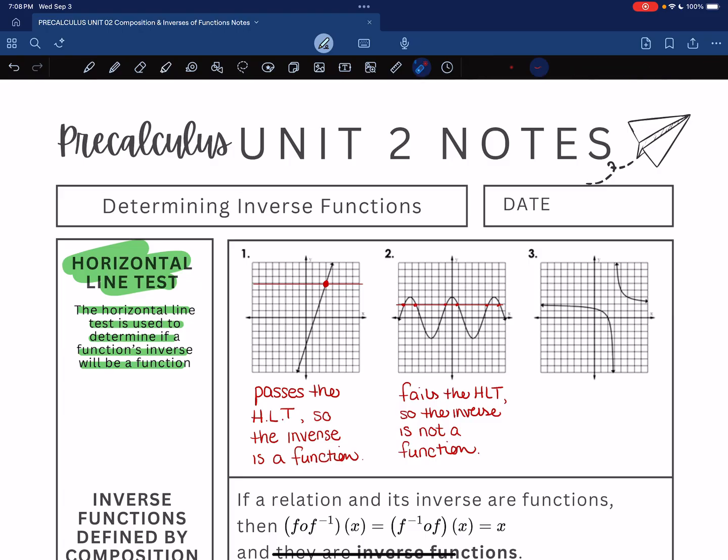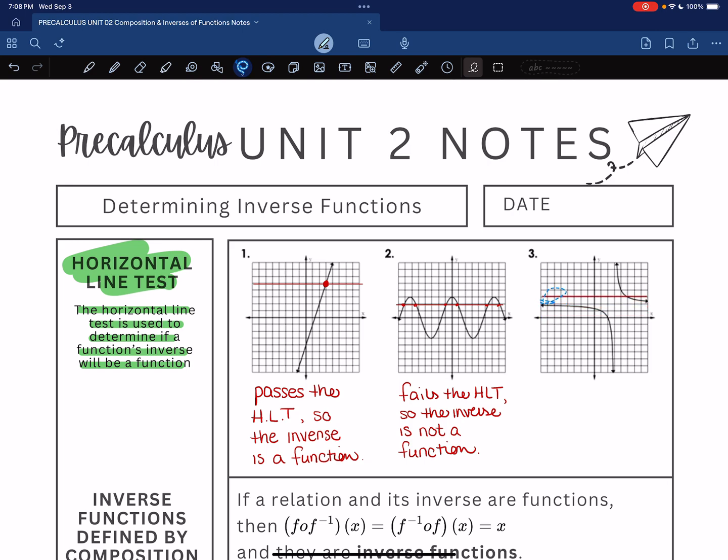And lastly, this is one that a lot of students can easily miss. So I just want to show you for this function. This is a reciprocal or rational function, and it can be a little bit deceptive here. But if you run this, it actually only will touch one point on the graph at a time.